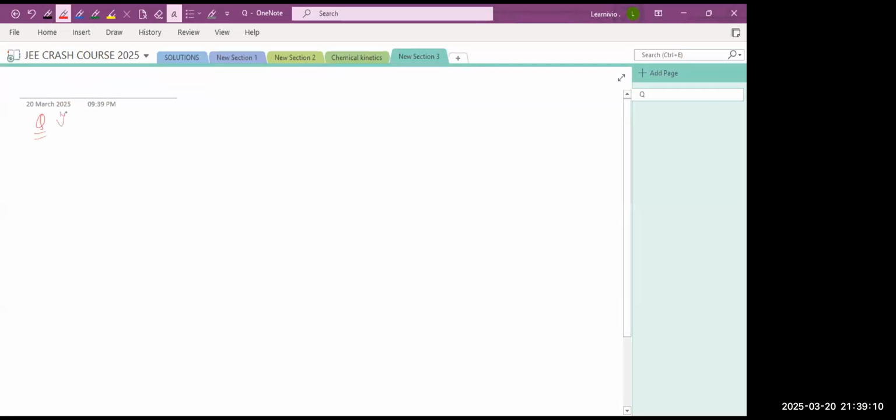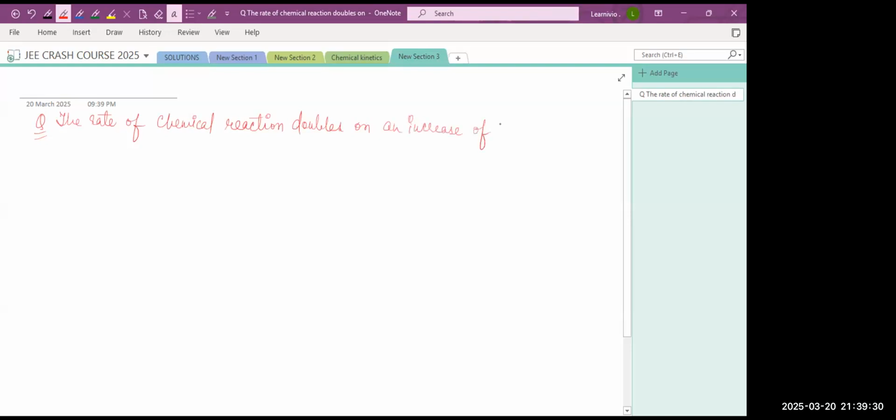The rate of a chemical reaction doubles on an increase of 10 Kelvin in absolute temperature from 298 Kelvin.